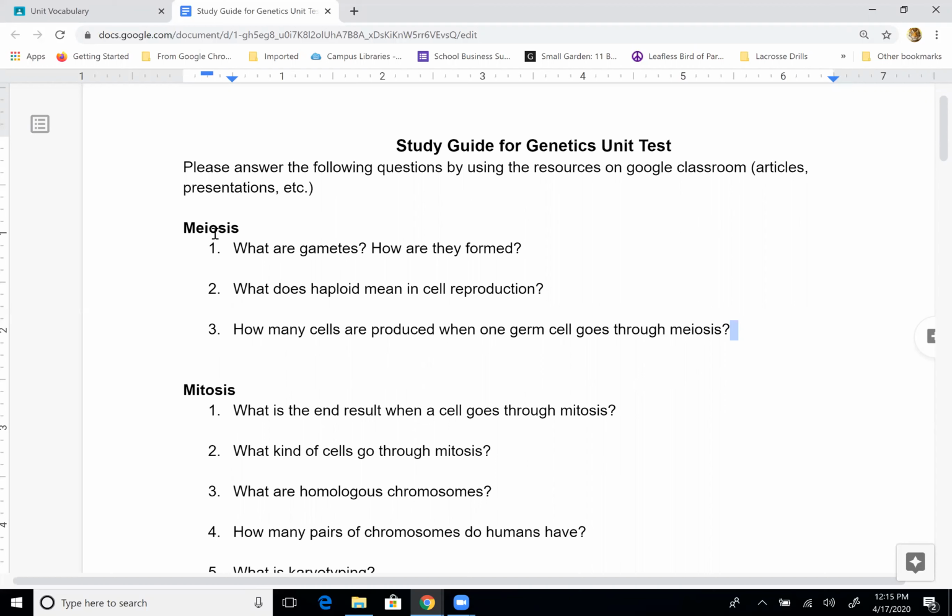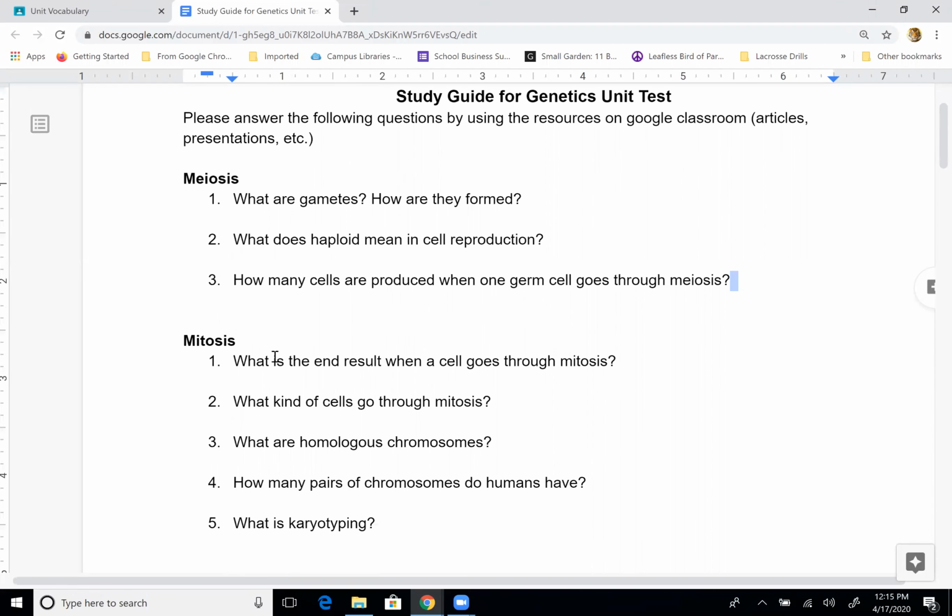Okay, so this document is split by topic: meiosis, mitosis, which are two different types of cell division. Meiosis is a specific or specialized cell division for your sex cells, sperm and egg cells.